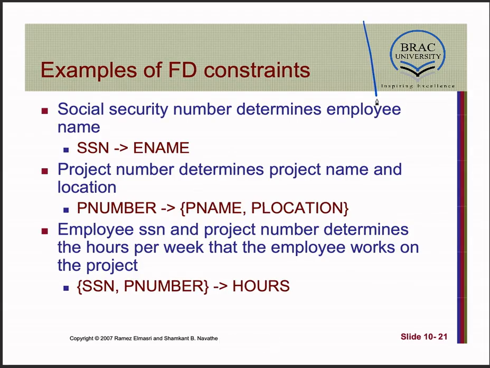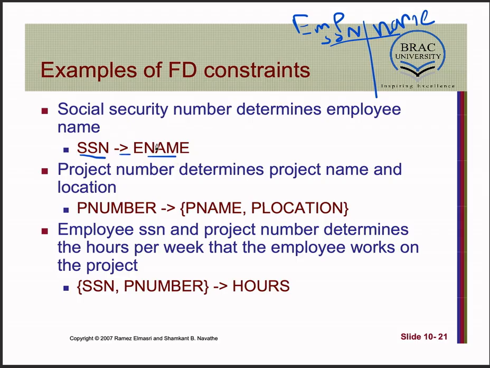So if we have an employee table in your office database, we have employees, and the employees have a social security number which is the same as the national ID that we have in Bangladesh. Okay, so they also have a name. So here if you see, the functional dependency is described as social security number determines the employee name.